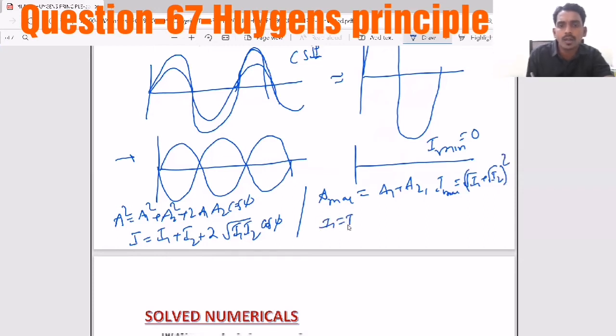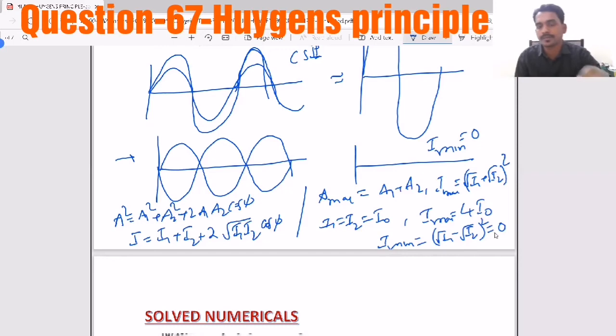Here I1 equals I2 equals I naught, so I maximum becomes (root I naught plus root I naught) whole squared, that is 4 I naught, and I minimum becomes (root I1 minus root I2) whole squared, which is 0.